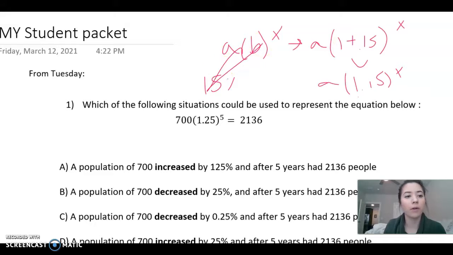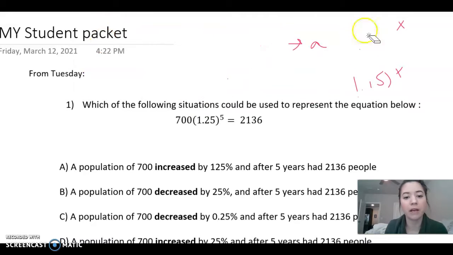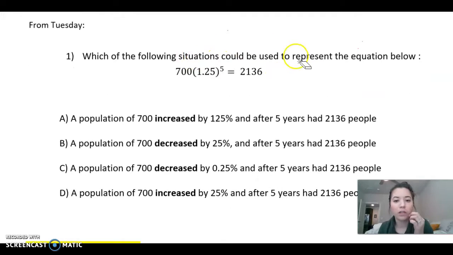So one example that we had, I believe this was on the mastery check, was which of the following could be used to represent this equation? So right away, looking at this, I see increased or decreased. That's the first thing I need to figure out.